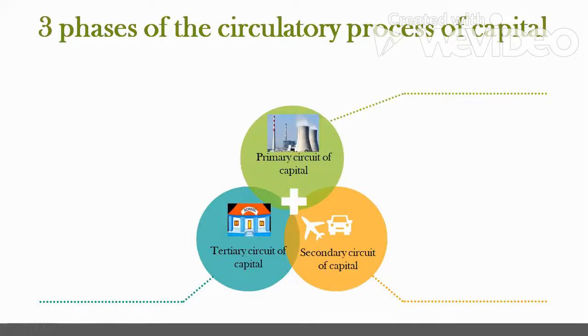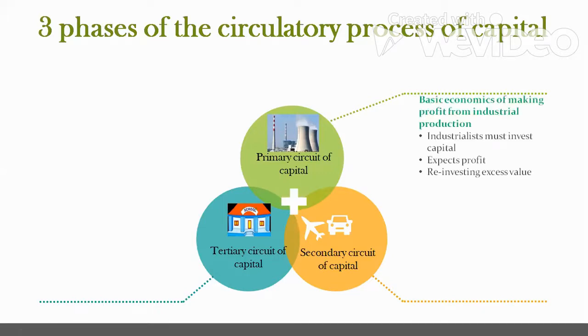There are three phases to this circulatory process of capital. As you are seeing over here: the primary, the secondary, and the tertiary circuit of capital. What is the primary circuit? The primary circuit of capital reflects the basic economics of making a profit from industrial production.